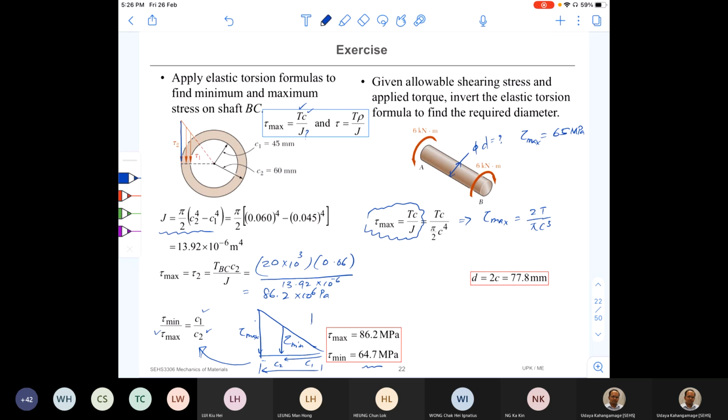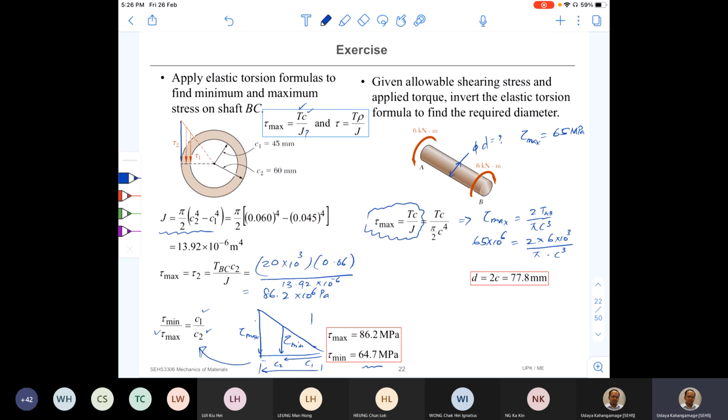So 65 into 10 to the power 6 is equal to 2 times, actually this is TAB, previously we found the value, it is 6 kilonewton meter, 6 into 10 to the power 3, divided by pi into C to the power 3.